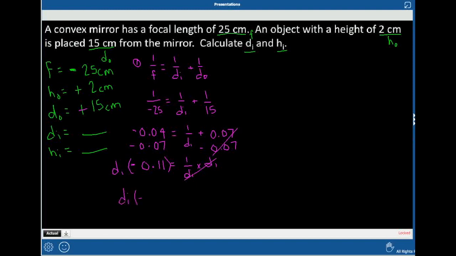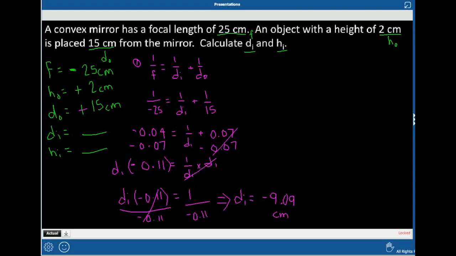So you don't have to worry about, oh, I need to add a sign at the end. I'm going to divide both sides. I guess I wrote too big on this one. And we get negative 9.09 centimeters. So that's my DI.